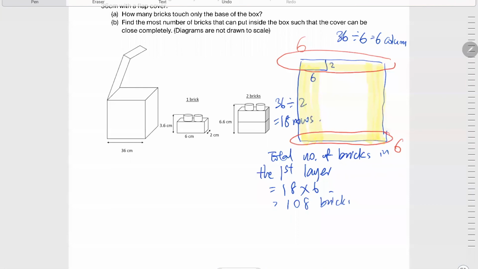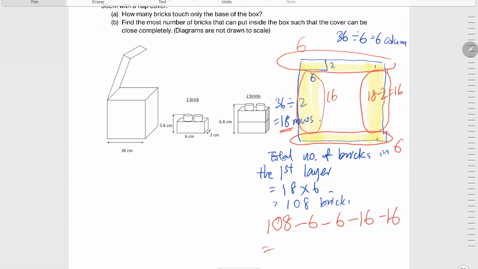Okay, the next thing I want to find out is how many bricks do I have over here? So this is 18 minus 2 to give you 16. Okay, do you get it now? So if I have 16 on the left, I'm going to have another 16 over here as well. Which means the final step is to take 108 minus 6 minus 6 minus 16 minus 16.